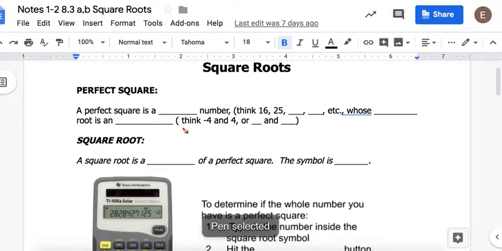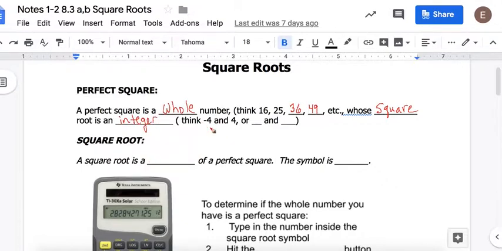So, a perfect square is a whole number. So think 16, 4 times 4 is 16, 5 times 5 is 25, 6 times 6 is 36, and 7 times 7 is 49, etc., whose square root is an integer.